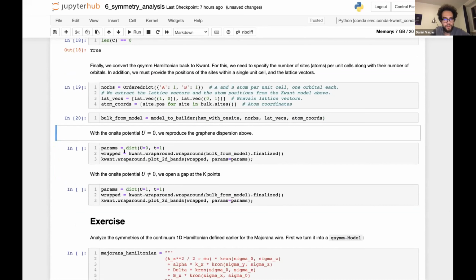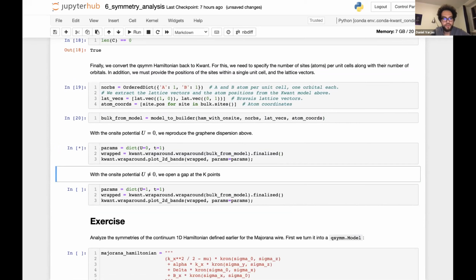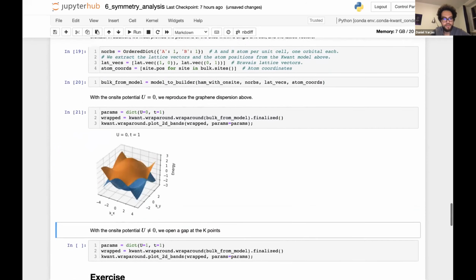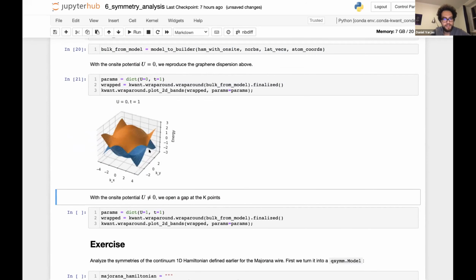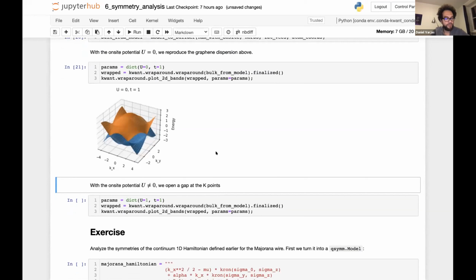And now we can use wraparound in Kwant to calculate the 2D band structure again. So if I set the on-site potential to 0, then nothing should change. So I get back exactly the same familiar band structure with the Dirac cones as I had before.